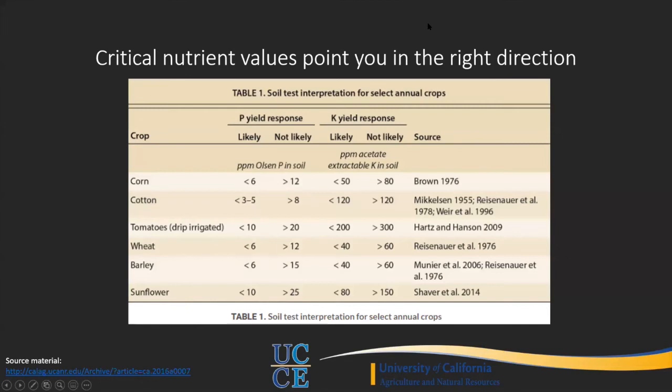Once a sample is submitted to the laboratory, they run the appropriate analyses on the sample, and then oftentimes will return a report to you which includes not only the values that they found when they tested the sample, but also a recommendation for what to do, usually in the form of an amendment, addition, or a fertilization for a specific nutrient.